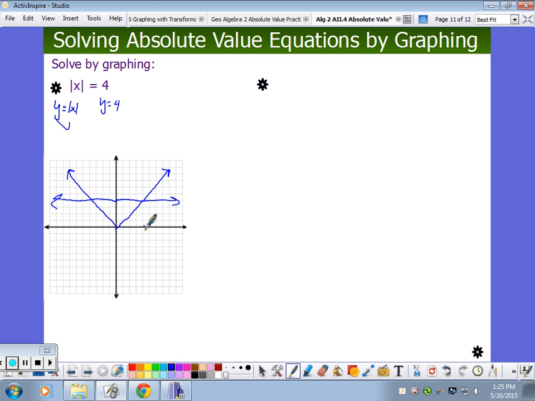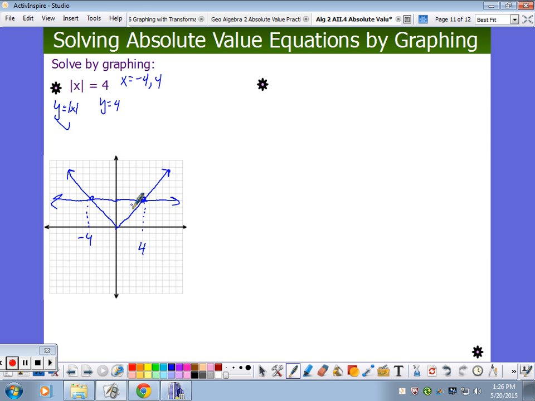And so what you do now is, remember when we did systems? You said, where is the solution? At the intersection. So I've got 2 intersections here. This one is at 4, and this one is at -4. Isn't that the solution to this? We know what the solution is, right? That's an easy one.